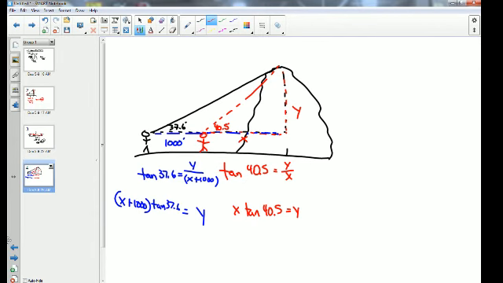I multiplied the denominator out of both of those. I am going to use substitution because they're both equal to y. So I can set these two equal to each other: x plus 1,000.